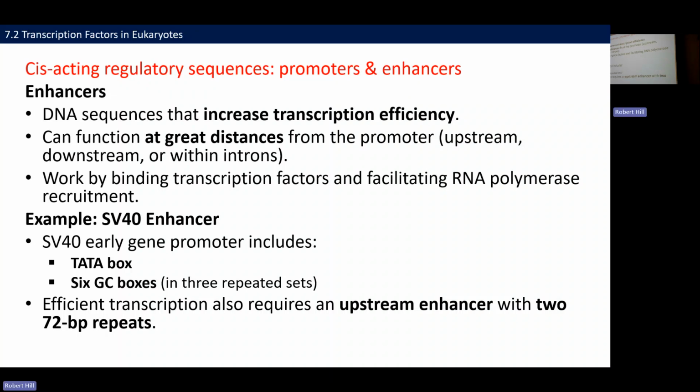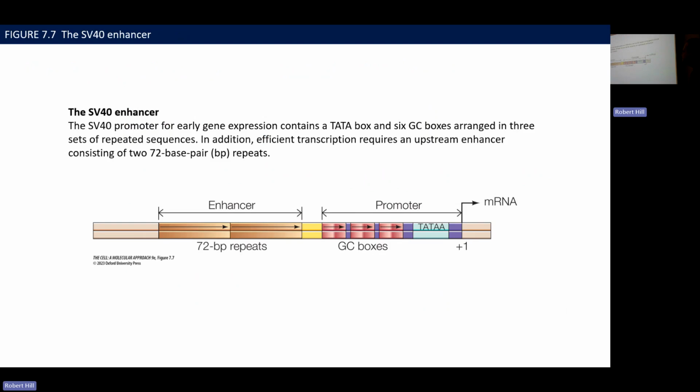Right, so the SV40 enhancer is a good example of that. So here's your promoter. It's got the core regulatory sequences inside, the TATA box, you've got your GC boxes. And then this intron, right, can be really far away down the chromosome.